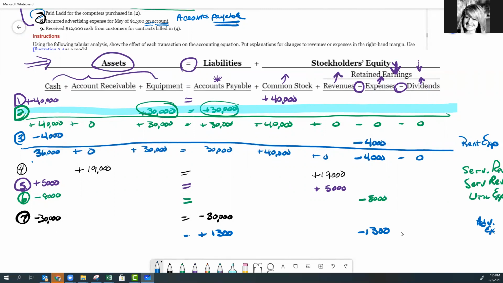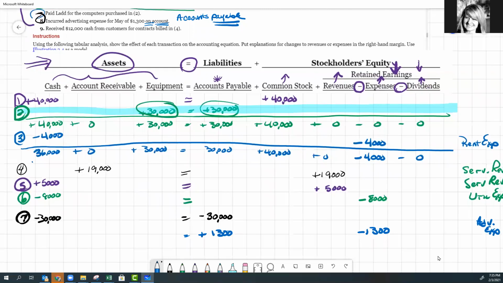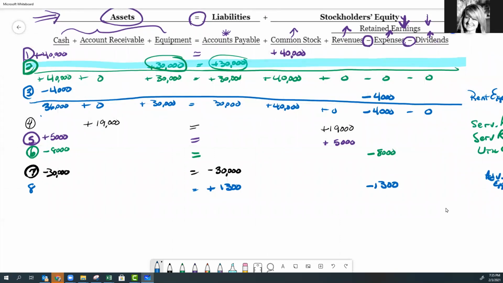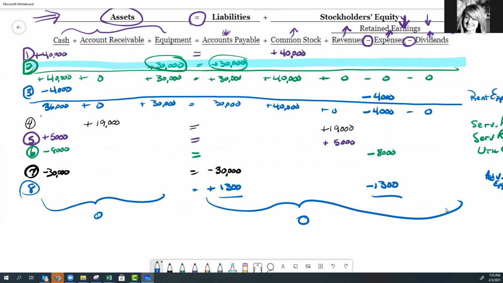Now, this is important to note here because we're done with this transaction. And look, this was transaction number 8. Everything that we did was over here on the right side of the equation. We had plus 1,300 and minus 1,300. That equals 0. What did we do over here on the left side of the equation? 0.